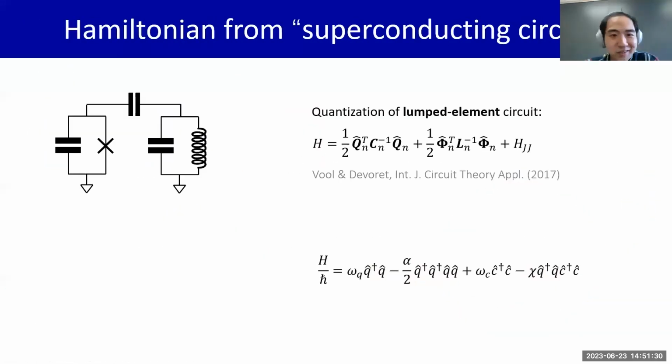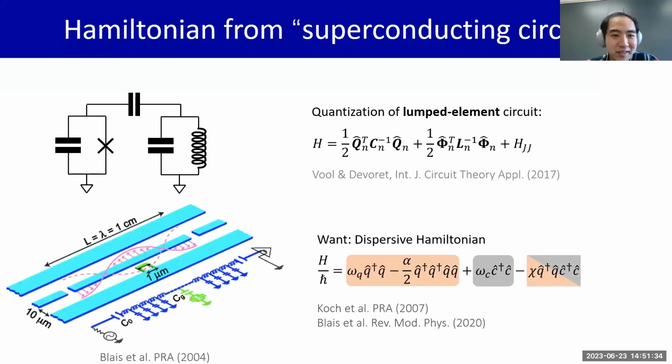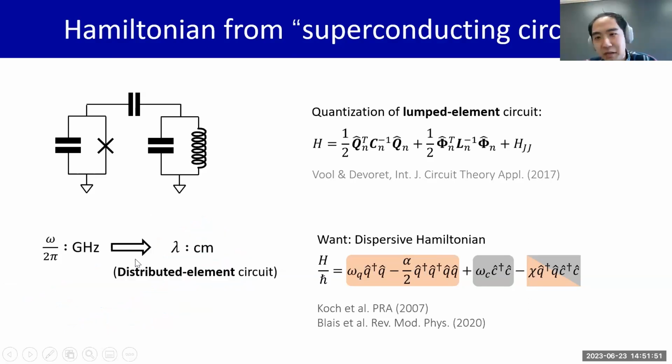In some sense, SC qubits and this HFSS plus PyEPR are doing the same thing. We want to synthesize a Hamiltonian. You start from an LCJ circuit, or you start with a distributed element circuit, which is like the geometry of the whole thing.